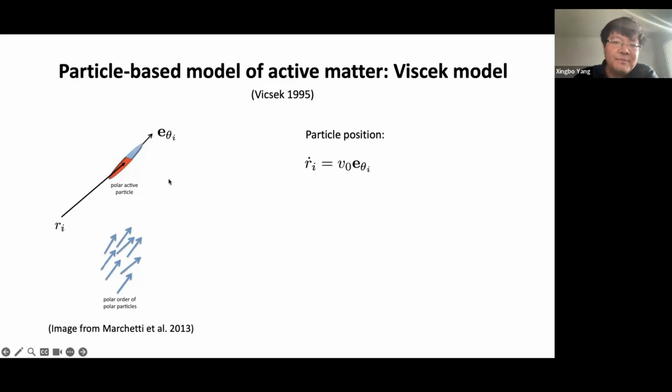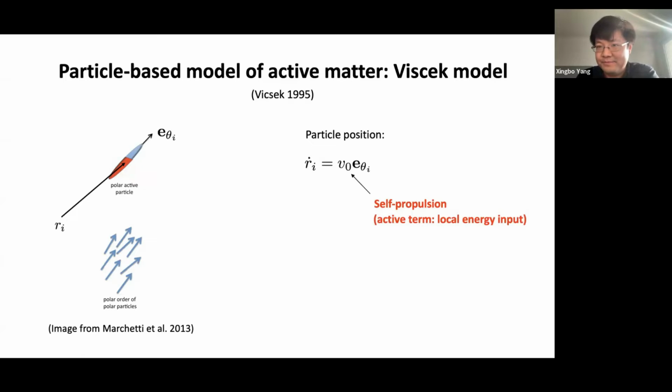You can model each individual self-propelled particle by writing down equations of motion. You model its position, and the change of position is related to its self-propulsion. The key is all in this v0, the self-propulsion velocity.